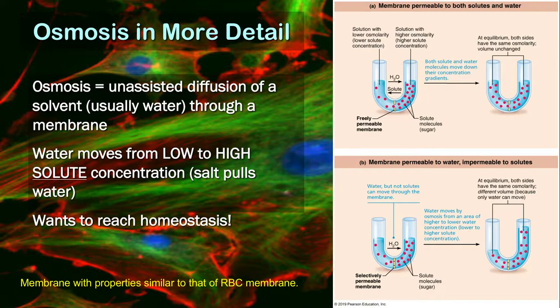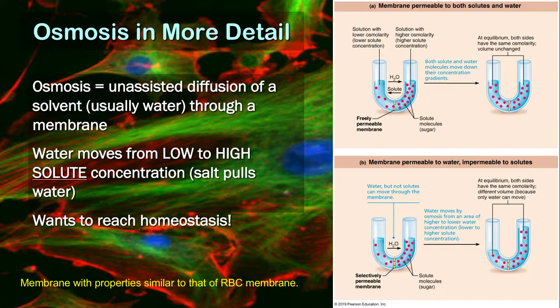So for example, let's look at one of these U-tube experiments. There is a tube that is U-shaped, and we're going to put in the middle of the U-tube a selectively permeable membrane. That membrane will allow water to move through, but it won't allow the solute, or the salt, to move through.